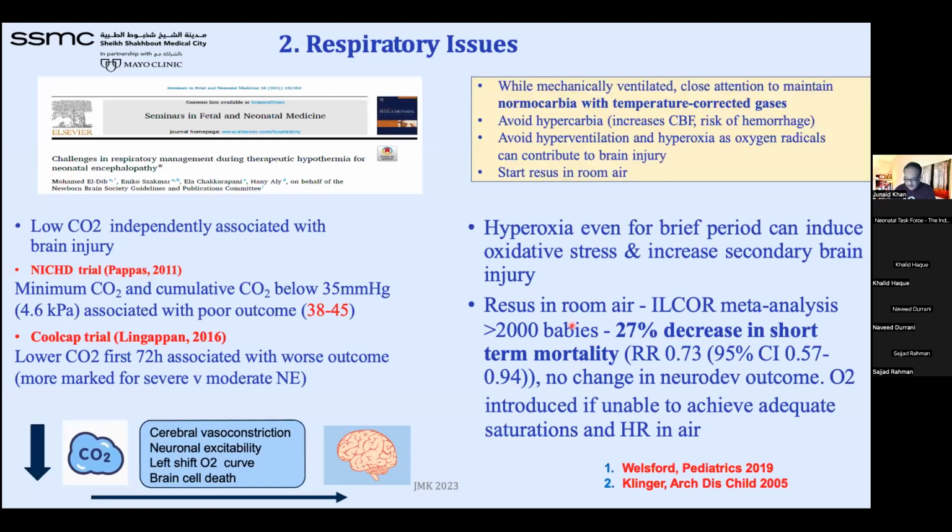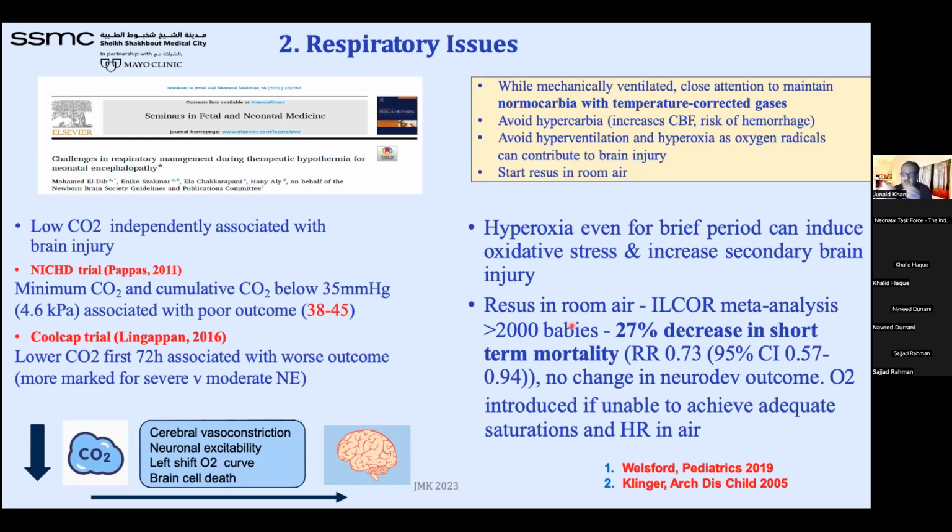Whether mechanically ventilated or not, you have to pay close attention to maintain normocarbia with temperature corrected gases. What is the meaning of temperature corrected gases? If your unit has a blood gas machine, then you can do it. But if you have to send the sample, then you have to put it properly on ice, otherwise it will not give you correct results.